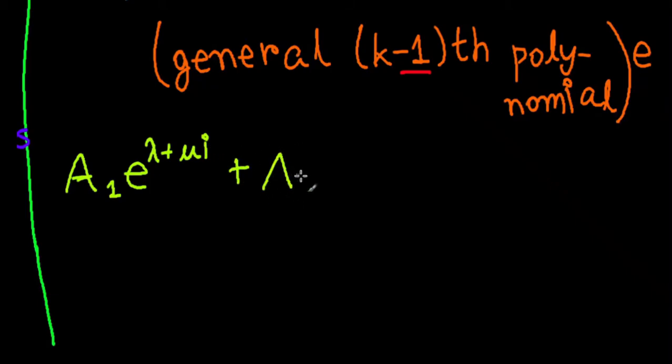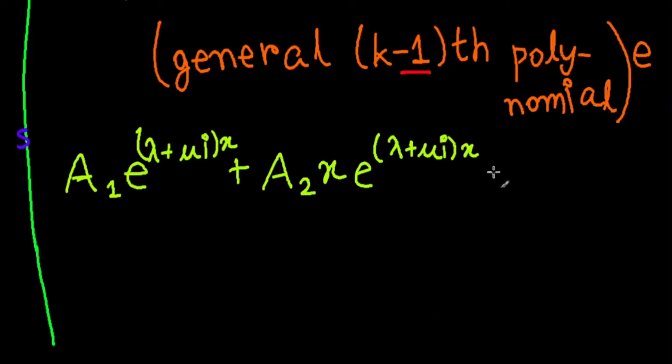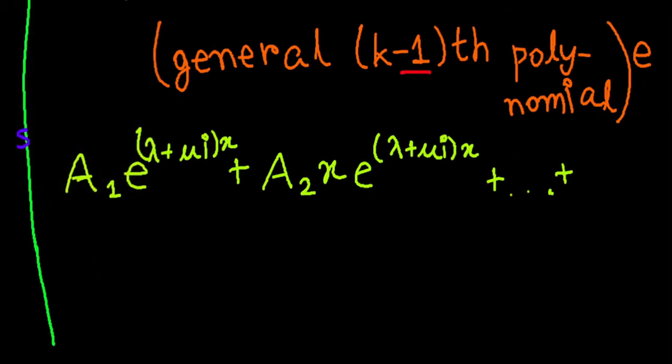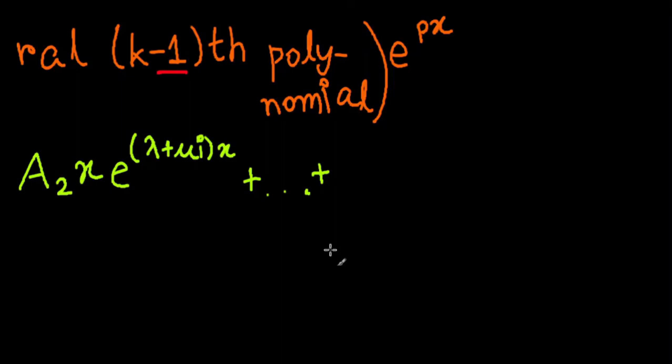Then this is going to be repeated k times, so we need to modify this a bit. The second term is e to the power lambda plus mu i, multiplied by x, and then again multiplied by x, all the way up. We need k arbitrary constants, since lambda plus mu i is repeated k times.